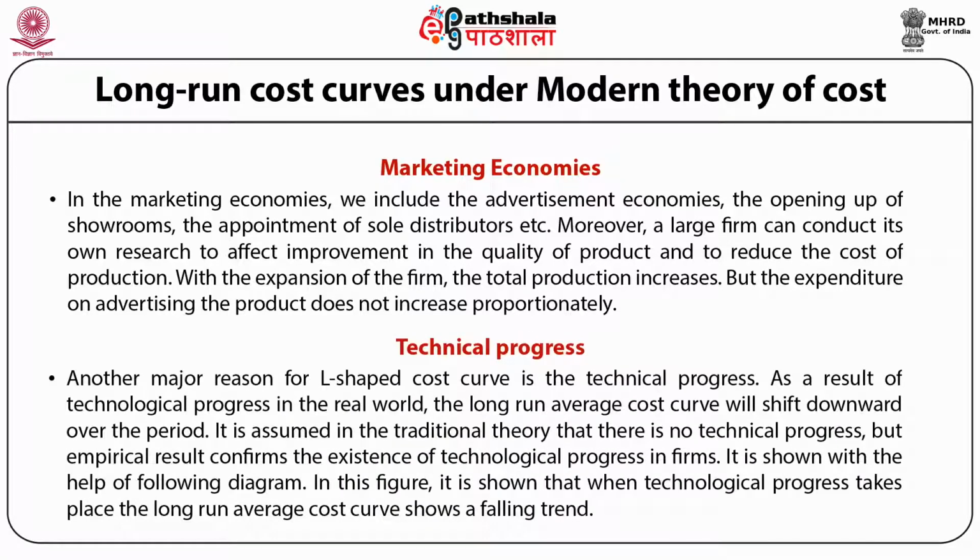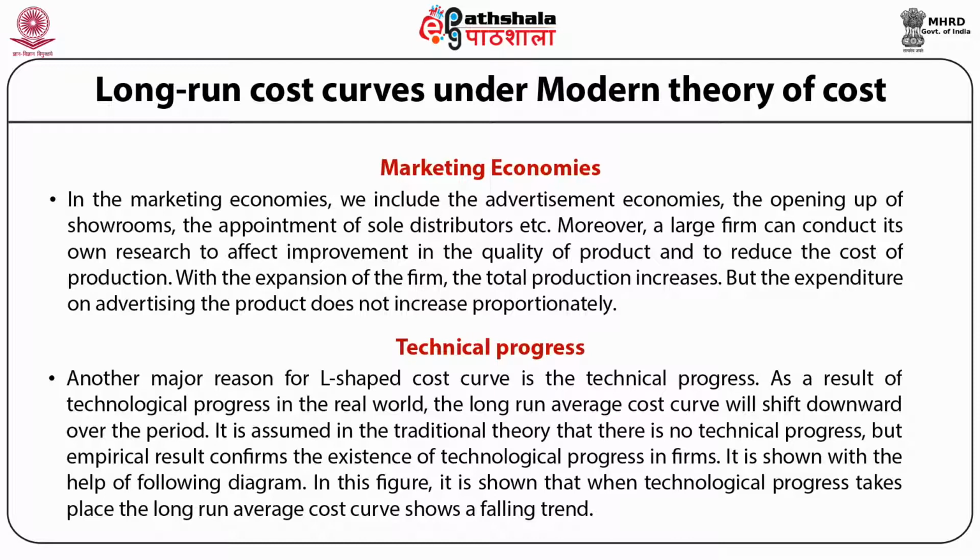Another major reason for L-shaped cost curve is the technical progress. As a result of technological progress in the real world, the long-run average cost curve will shift downward over the period. It is assumed in the traditional theory that there is no technical progress, but empirical result confirms the existence of technological progress in firms.